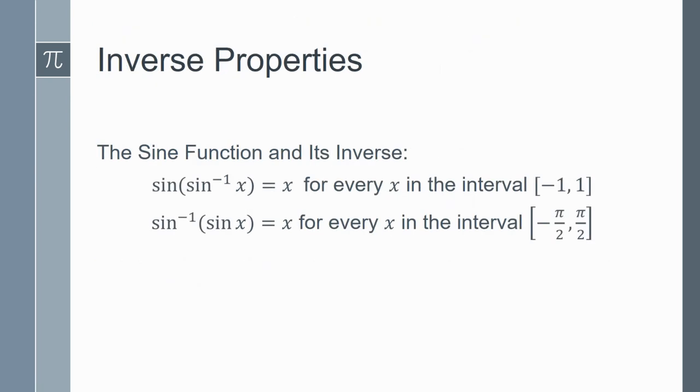All right, so here, these two definitions are important. So we've got sine and its inverse. Notice that we're dealing with the composition. So we have sine of inverse sine of x. It's going to equal x only when x is in the interval from -1 to +1. Notice there are brackets around the interval, which means that those numbers are included.